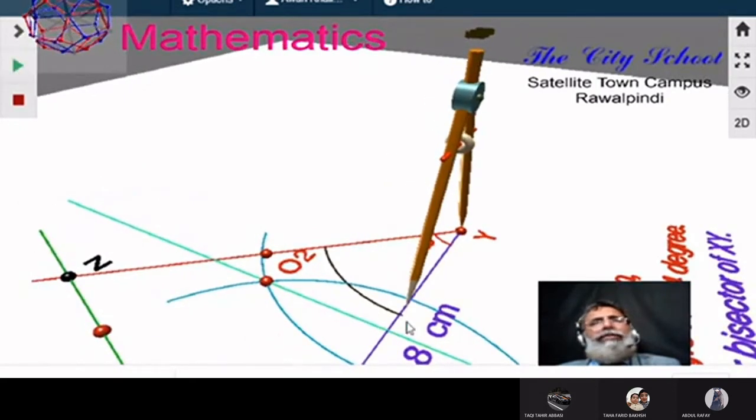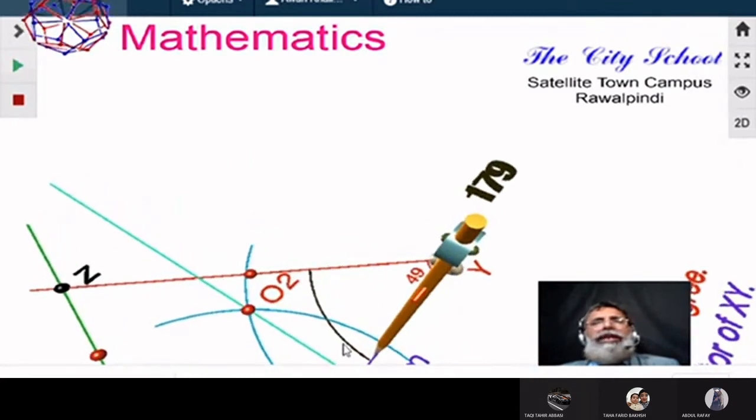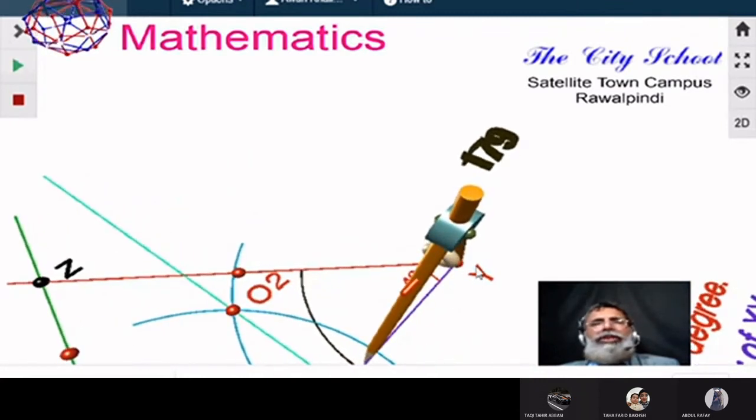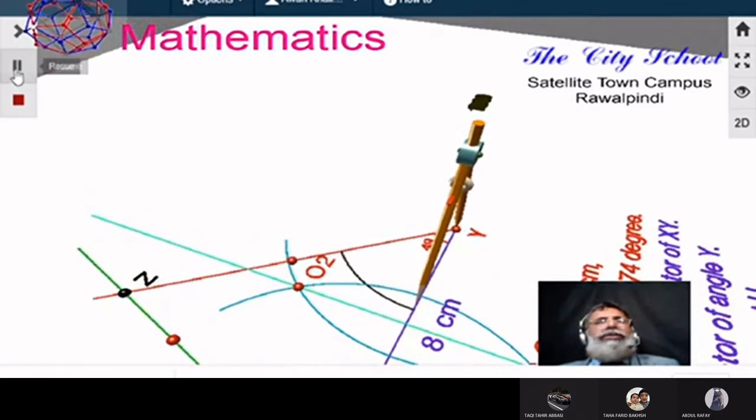This is the point where it is touching, making the angle bisector, because we are marking an angle bisector. So first of all we need to mark the angle.